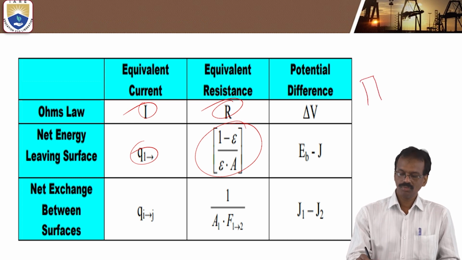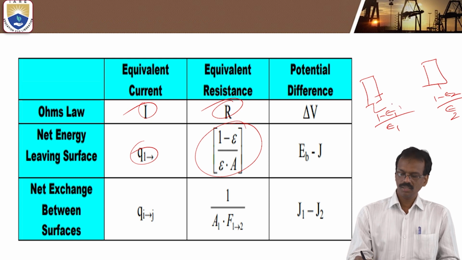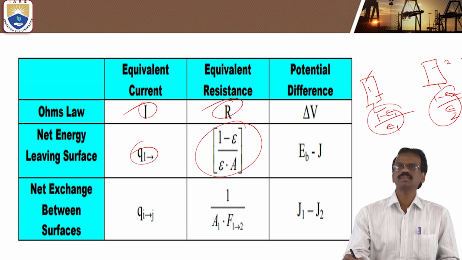If you consider both surfaces, one surface resistance is 1 minus epsilon 1 by epsilon 1, and the other is 1 minus epsilon 2 by epsilon 2. This is the surface resistance of the first surface, and this is the surface resistance of the second surface.